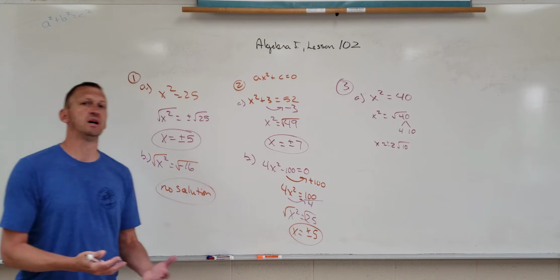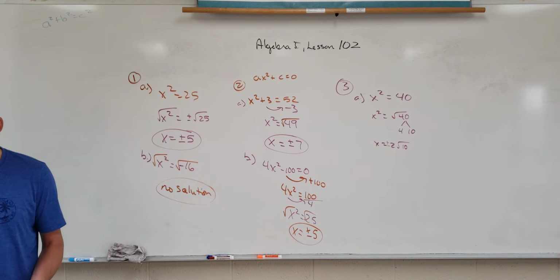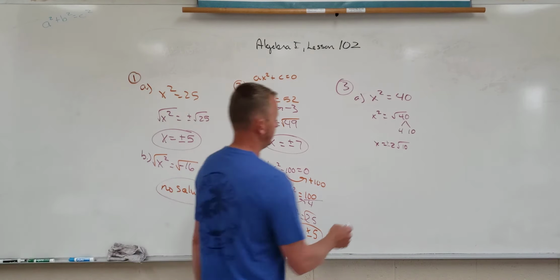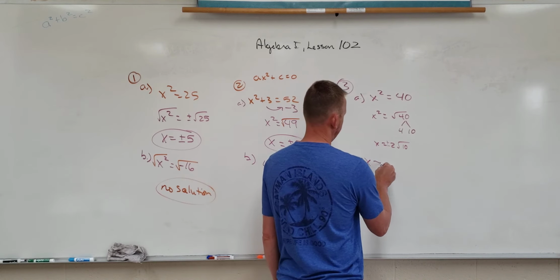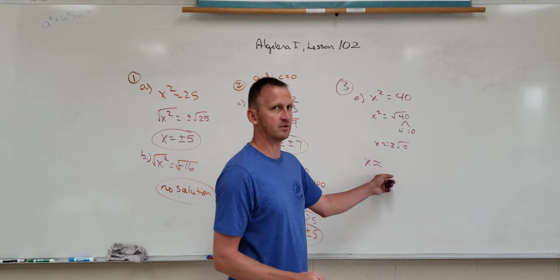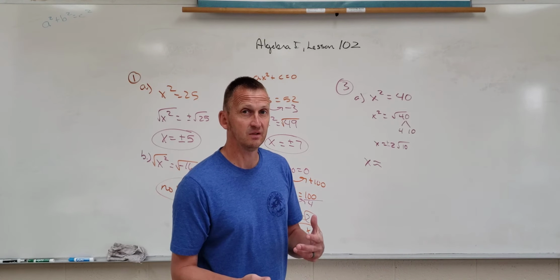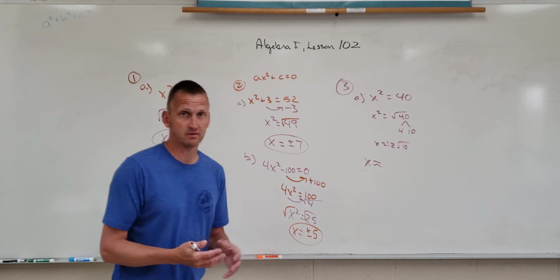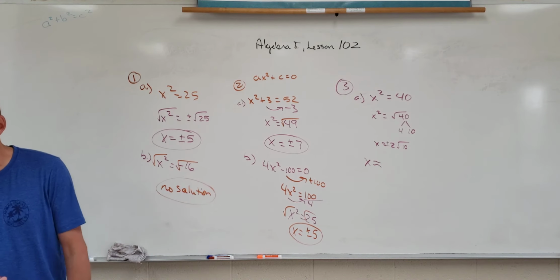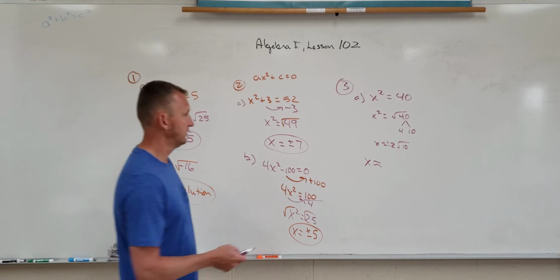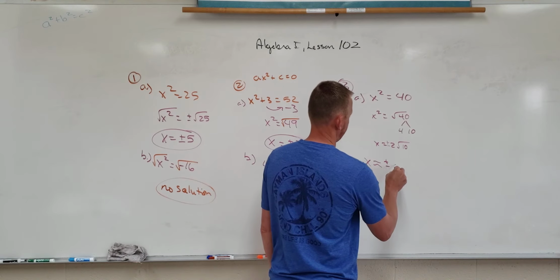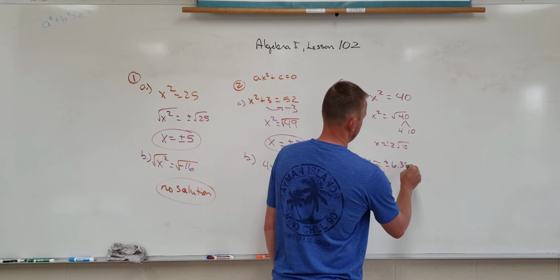So you will actually punch in the square root of 40. And if you do that, you're going to end up with an approximate answer. That's why we have the squiggly equal sign. So when you do this, round it to 3 decimal places, okay? The majority of them will go on forever. Round it to 3 decimal places. So the square root of 40 is plus or minus 6.325.